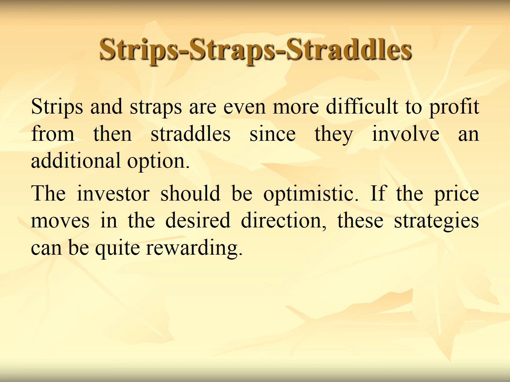Then if the price moves in the desired direction, these strategies can be quite rewarding. That is, these strategies will give profit to the investor only when the price moves in the desired direction. Thank you.